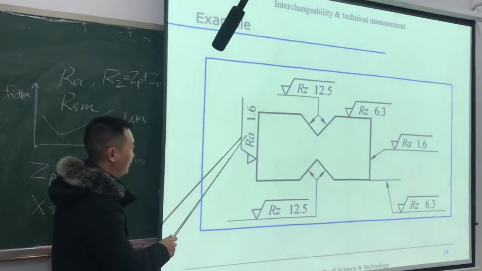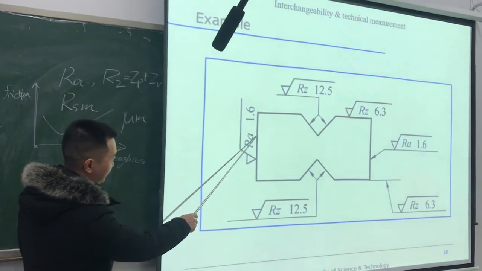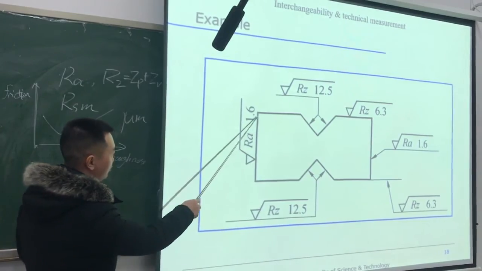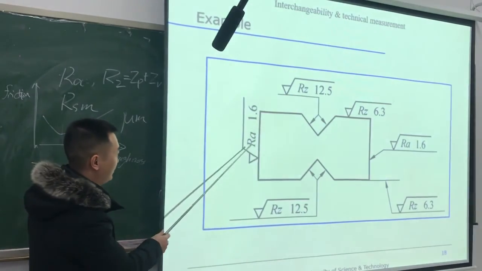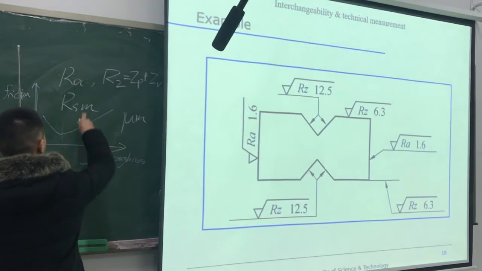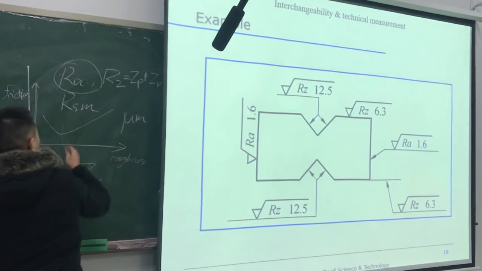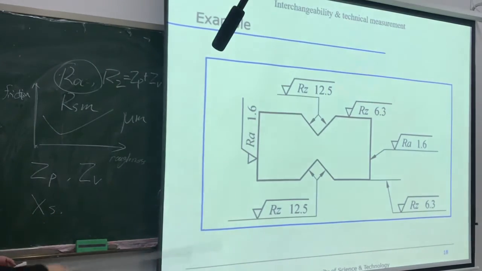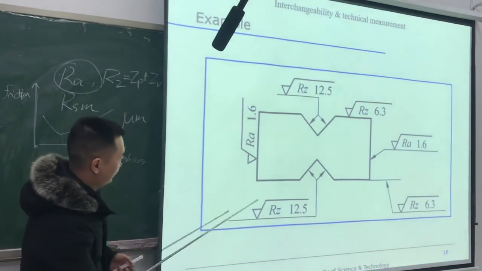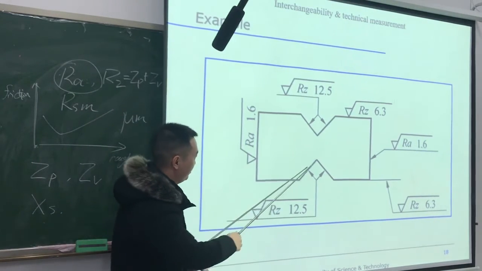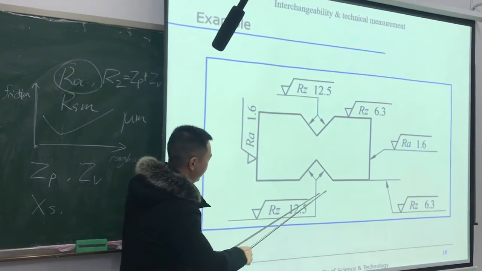This is Ra. So this means the roughness of this surface should not exceed Ra 1.6. Ra, as we stated, is the most commonly used parameter for roughness. Rz is also very commonly used, but Ra is more common. And for Rz, that means this face and this face.